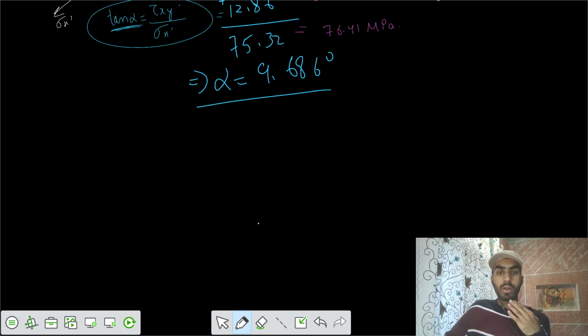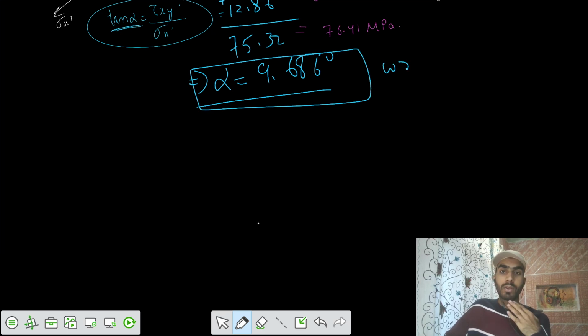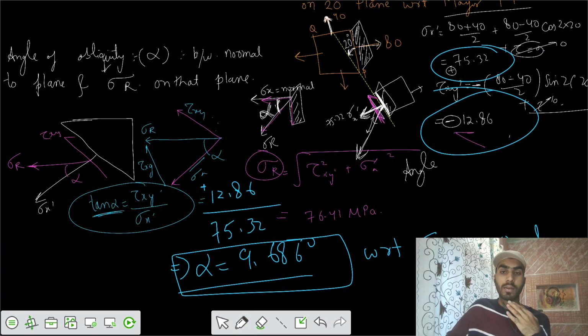Now this alpha is with respect to sigma x, the normal to the plane, which is at 20 degrees. If we see the direction of the theta, this is downwards.